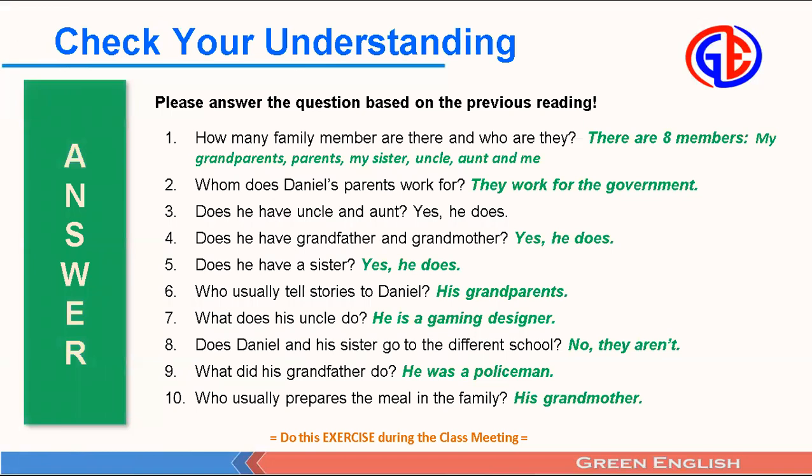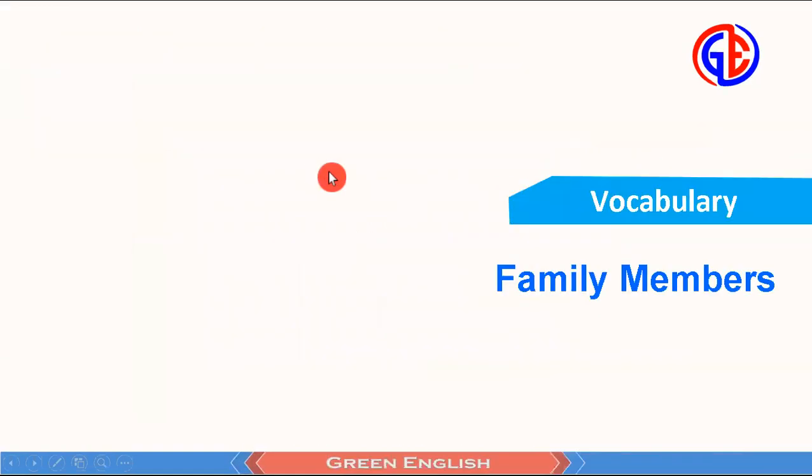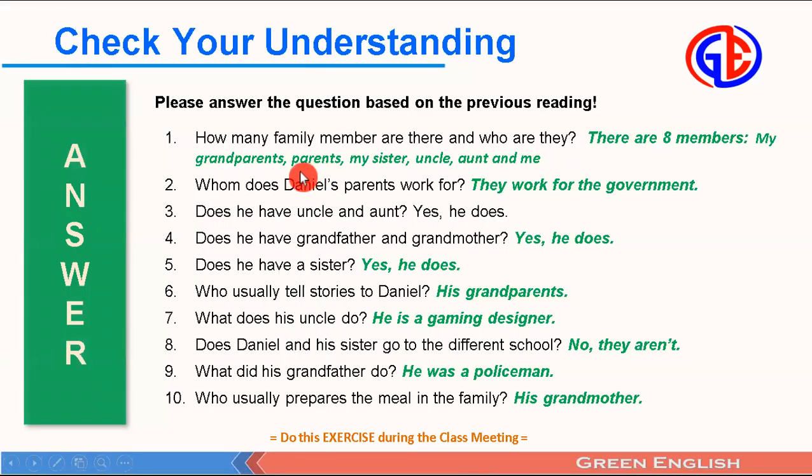So this is the answer for the reading. Basically, Daniel has 8 family members, including himself. So the parents, the grandparents, his sister, uncle, and aunt.